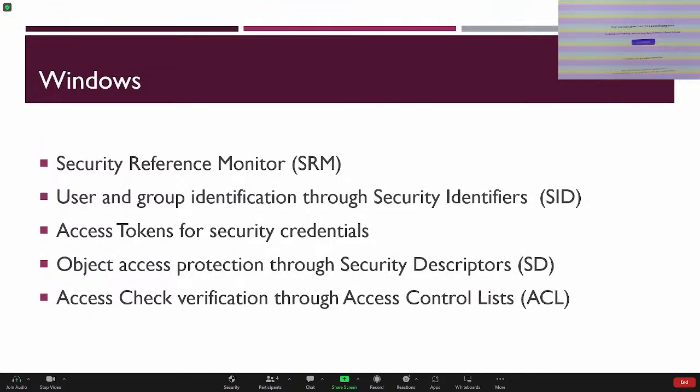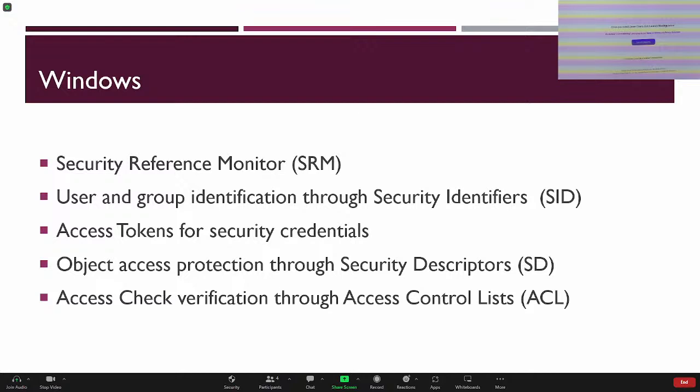So we will follow the example of Windows, mainly the security reference monitor, which works in kernel mode and is in charge of user and group identification through security identifiers, and access tokens, which hold the security credentials.